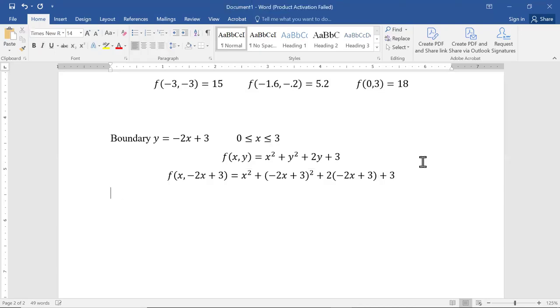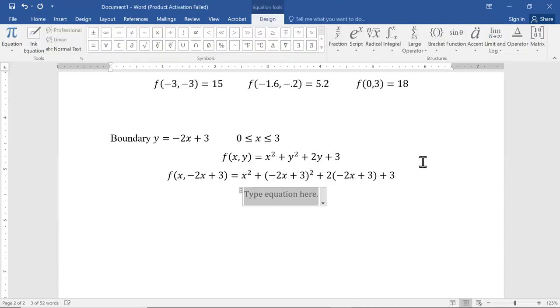And then I like to simplify and make that into a single variable function. I'll call it h this time. We're going to get x squared plus 4x squared minus 6x minus 6x plus 9 minus 4x plus 6 plus 3.